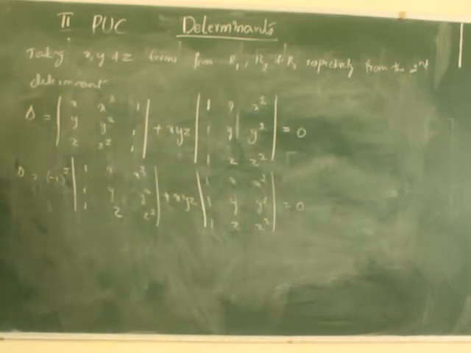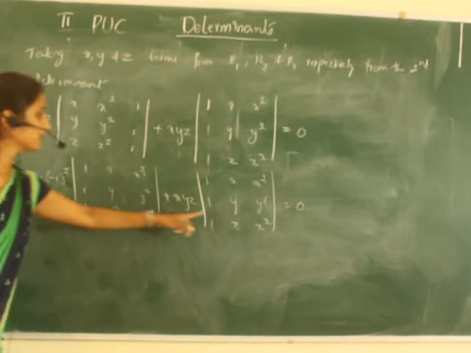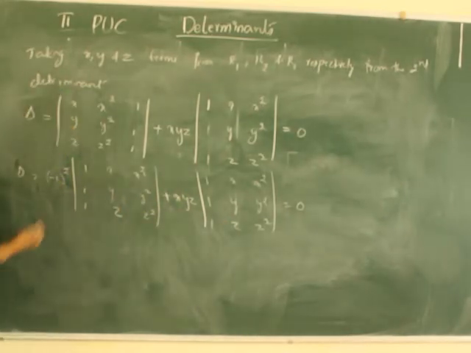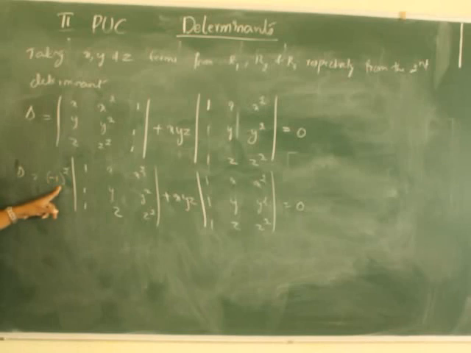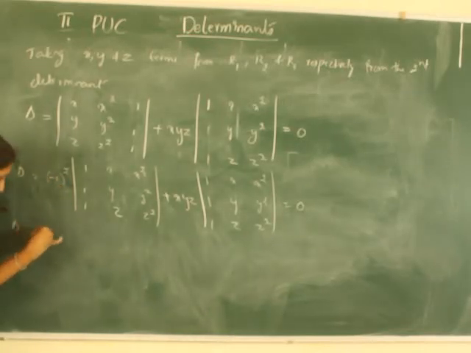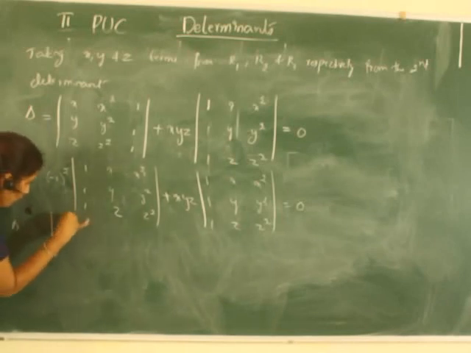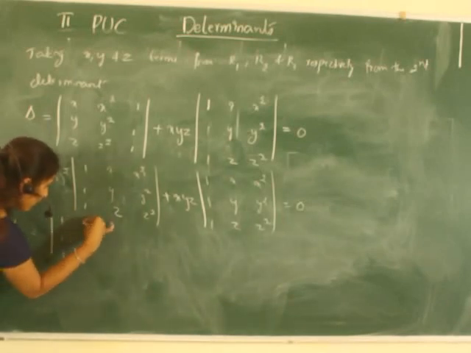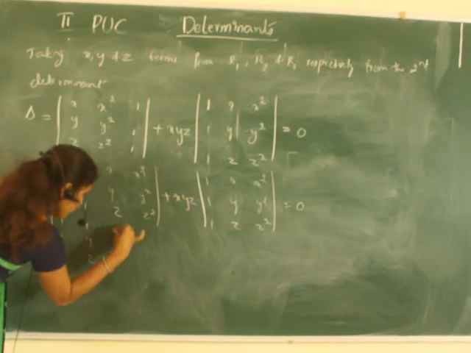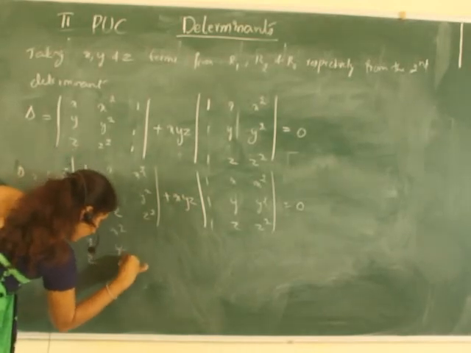Here we can see the determinant is common, so I can take that determinant out. Minus 1 to the power 2 is 1 itself. So delta is equal to the determinant of 1, 1, 1; x, y, z; x square, y square, z square.